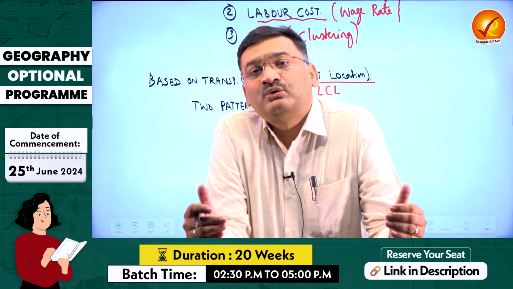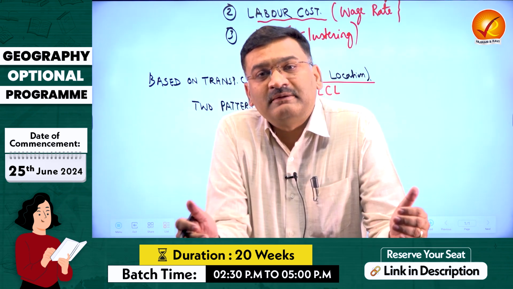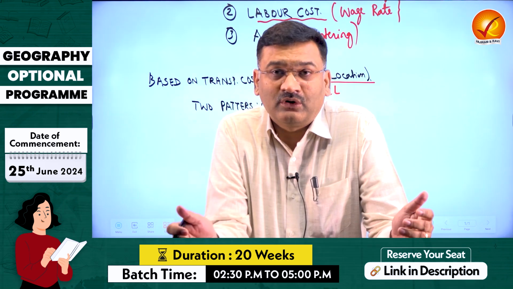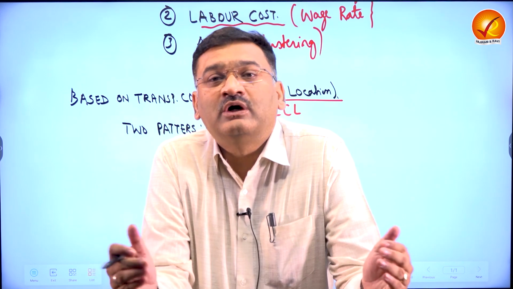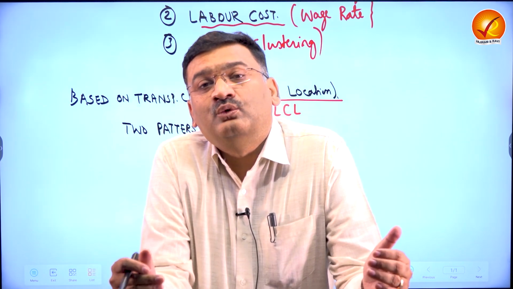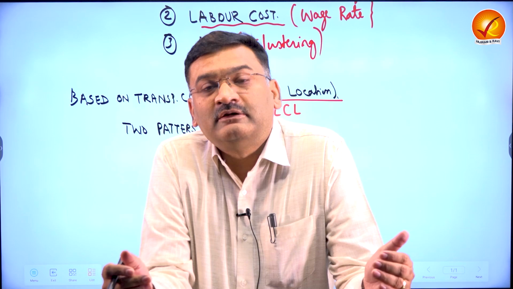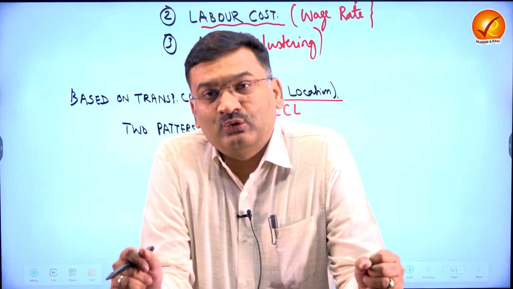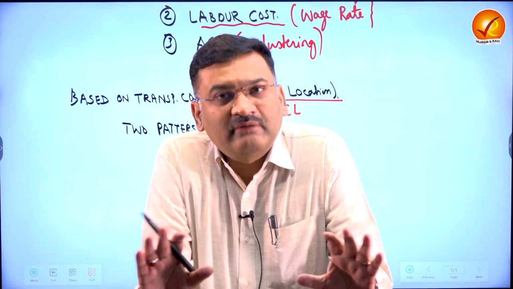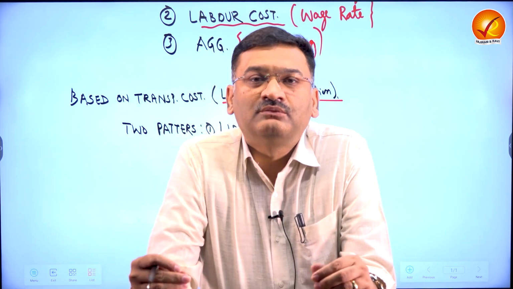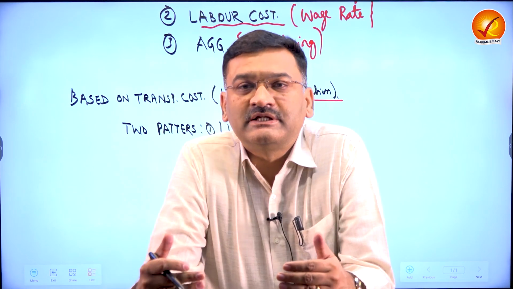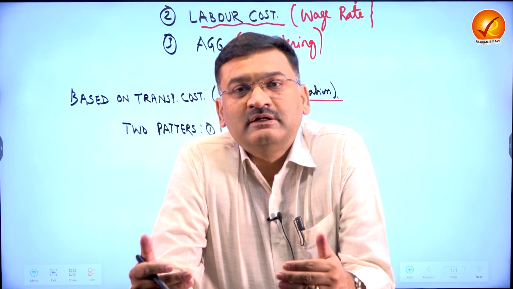They can ask you about isodapane and isotims, which are related to the labor cost. They can ask you about the triangle and overlap of the critical isodapanes, that is related to the agglomeration tendencies. So I have given you here the basic structure of the topic. In class, we will be discussing this model in detail.